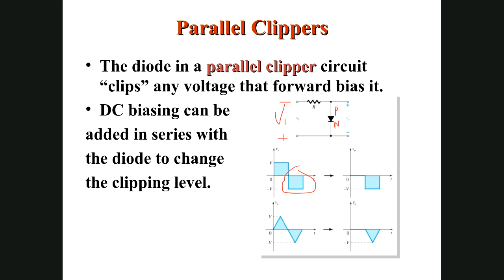P side is getting negative voltage and N side is getting positive voltage. Because of this, your diode will be reverse bias. And if it is reverse bias, means big barrier, it is almost like open circuit. Now, this is again a bit tricky, so be careful. This is minus, this is plus, this is VI.